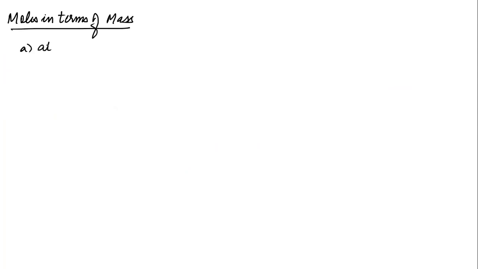First is atom, and then the second one is molecule. The formula is almost the same. n means number of moles. Here, the number of moles is represented by small n.